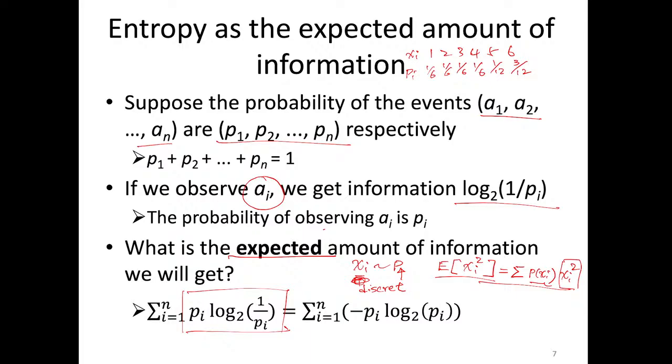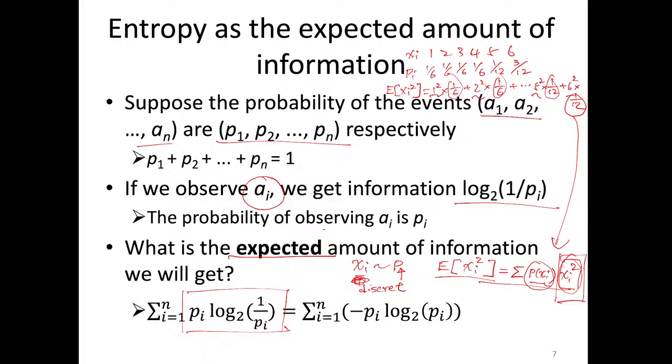Then if I ask you what's the expected value of xi squared, there should be 1 squared multiplied by this, plus 2 squared multiplied by this, up to 5 squared multiplied by this, plus 6 squared multiplied by this, right? That's why we have pi multiplied by xi squared. The pi are these things, and the xi squared are these squares.